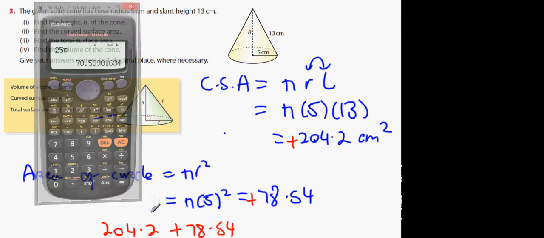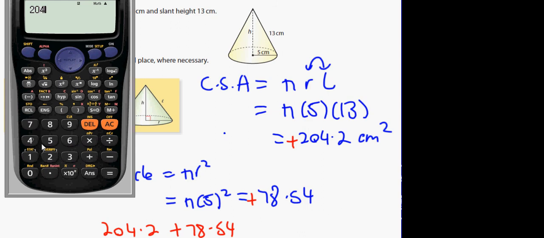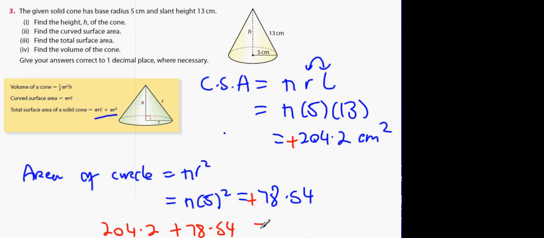And what do we get? 282.74. Okay, now that's that one done, that one done, and that one done.